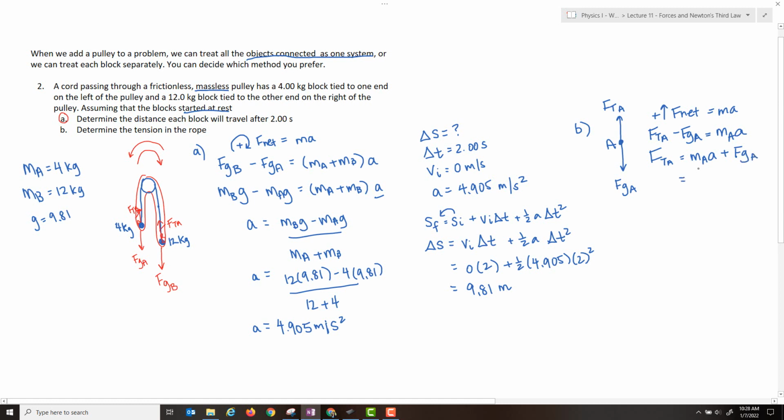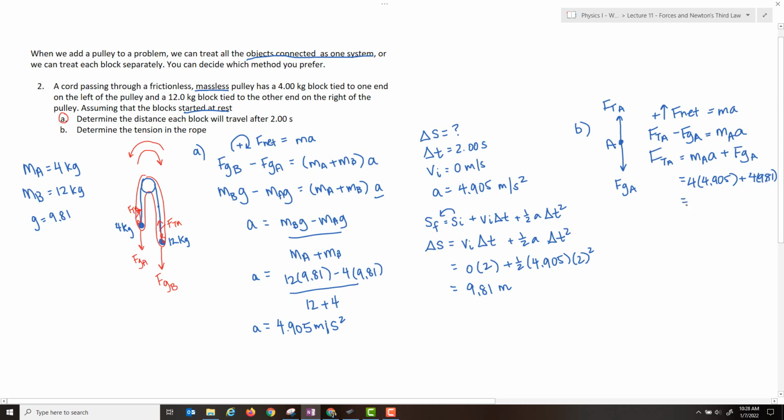So my mass of object A, which is 4 kilograms, times my acceleration, which I found was 4.905 meters per second squared, plus FGA, force of gravity A. We already said the force of gravity A is just mass of A times gravity, so it would be 4 kilograms times 9.81.